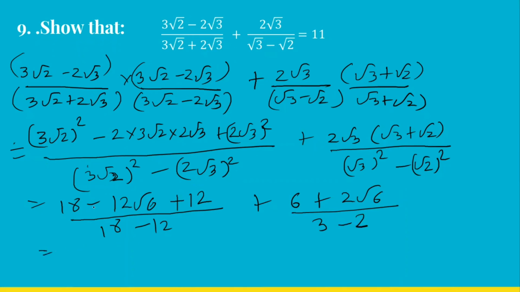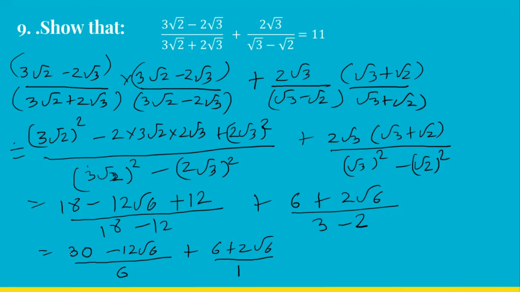So we get 18 plus 12 is 30, minus 12 root 6, upon 18 minus 12, which you get as 6, plus 6 plus 2 root 6 upon 3 minus 2, which is 1. So if I simplify from here, if you take common 30 and 12, the HCF is going to be 6.